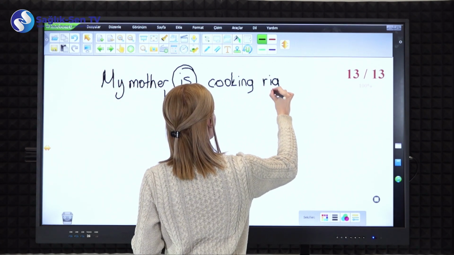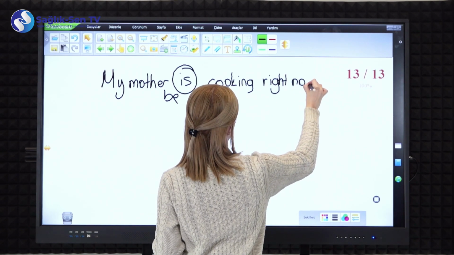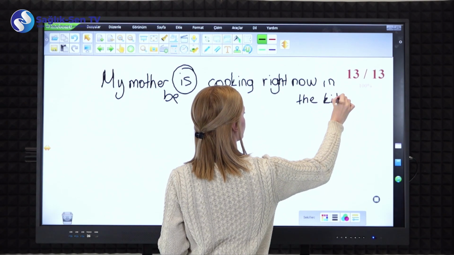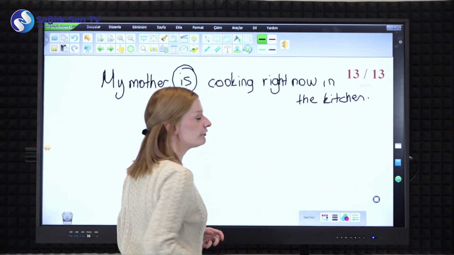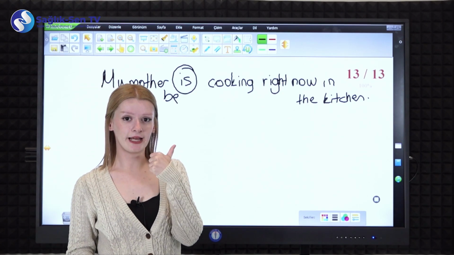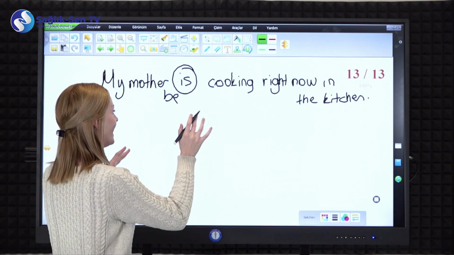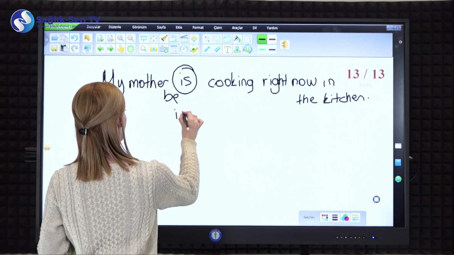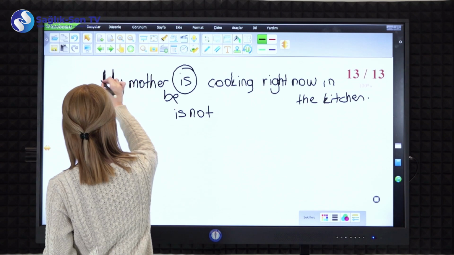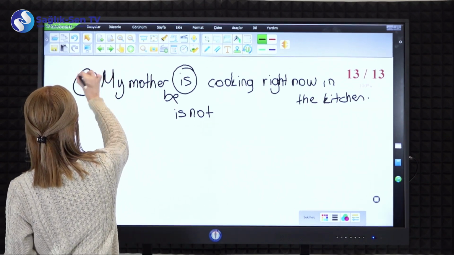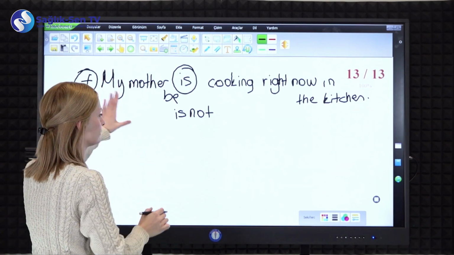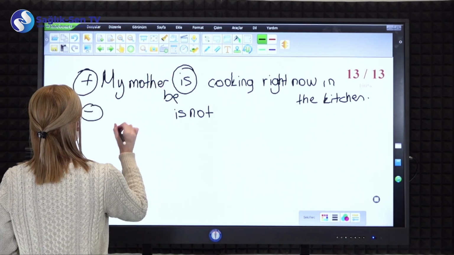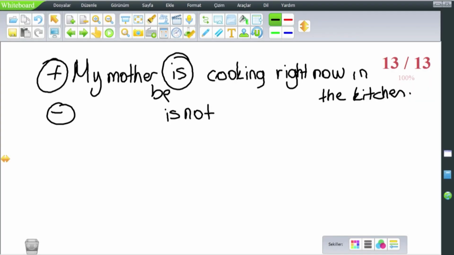Right now, in the kitchen. If I wanted to make this sentence a negative one, I would add is not cooking right now in the kitchen. This is the affirmative sentence. This is the negative. Everything else is the same. Be not.